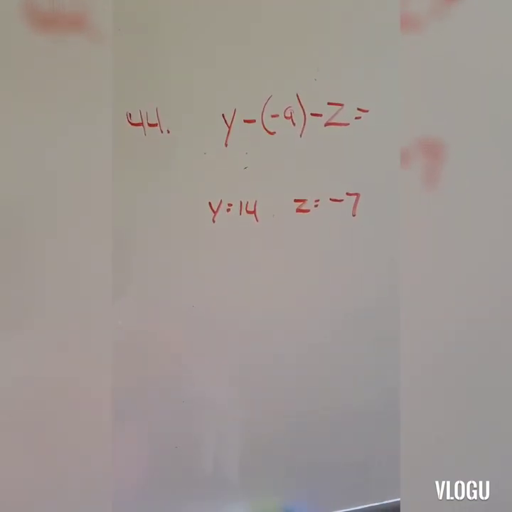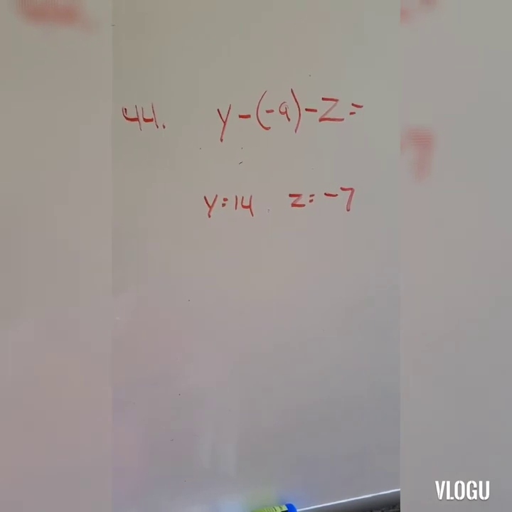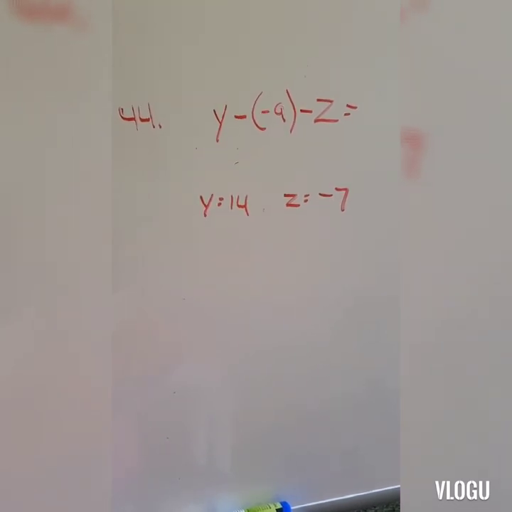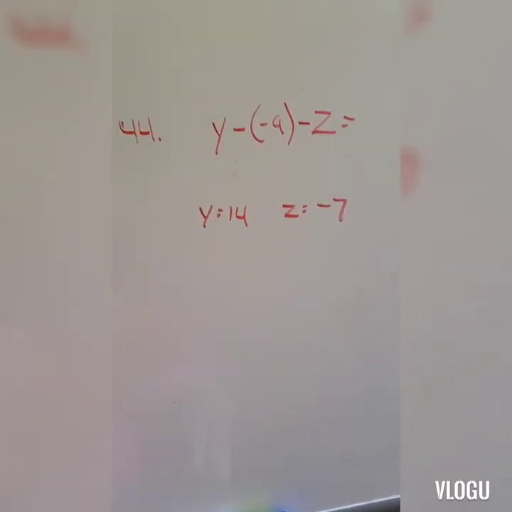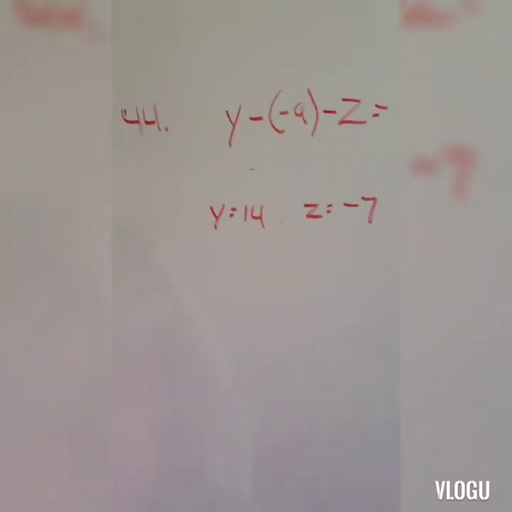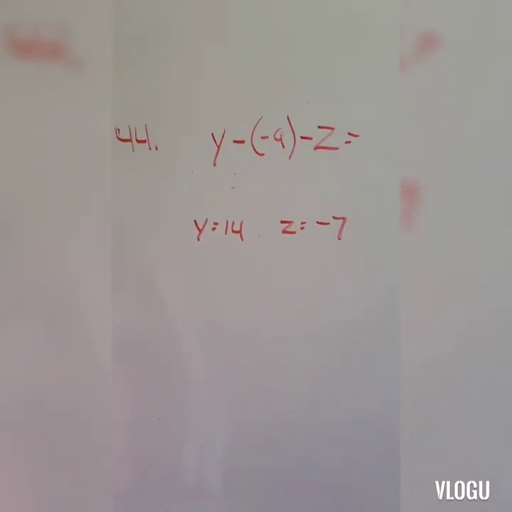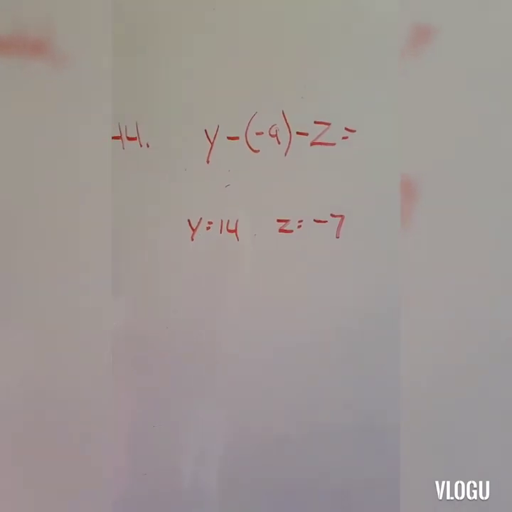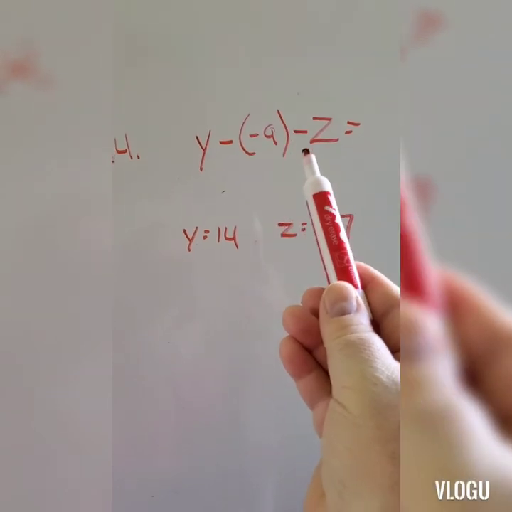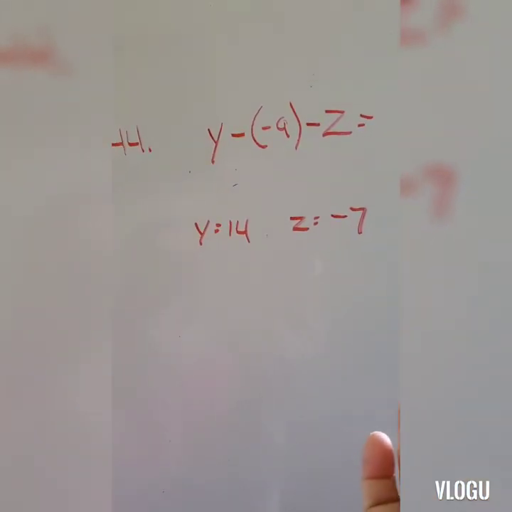I'm going to skip over a lot of these parts because it's a lot of repetition, but you solve it the same way. If we skip over to the section that has number 44, we'll see it says y minus negative 9 minus z equals something.